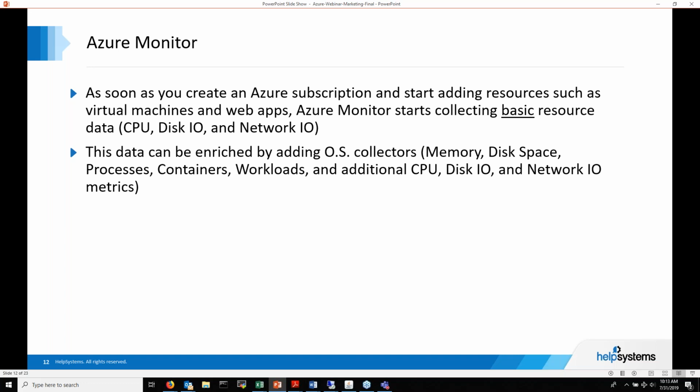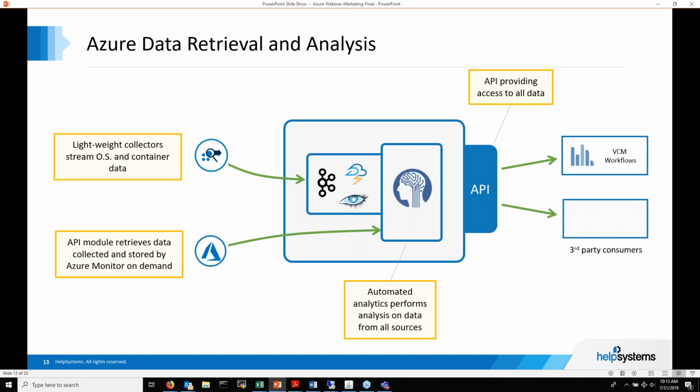We want to know what processes are running, what they're doing, and we want to be able to do workload characterizations as well. And this is extremely important across all the platforms, but in this particular case, as we talk about Azure. So what we provide then is a couple of different methodologies to get access to that data and use that data for the purposes of those workflows that we've been talking about thus far.